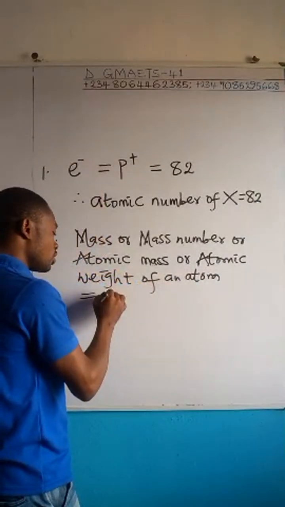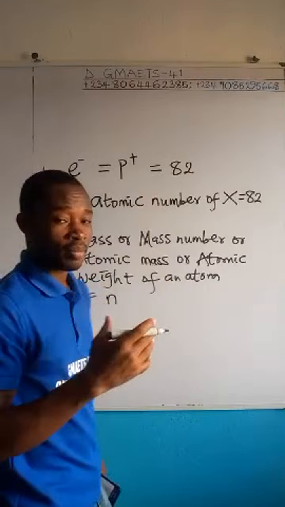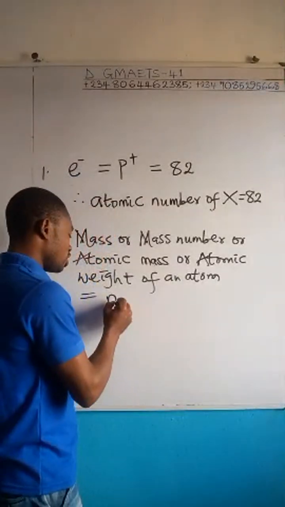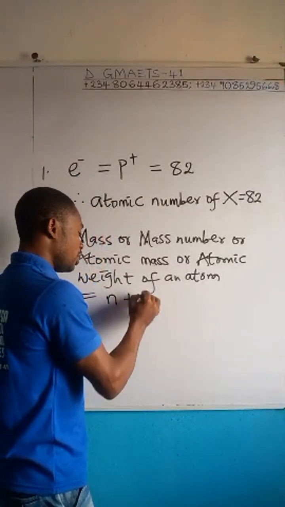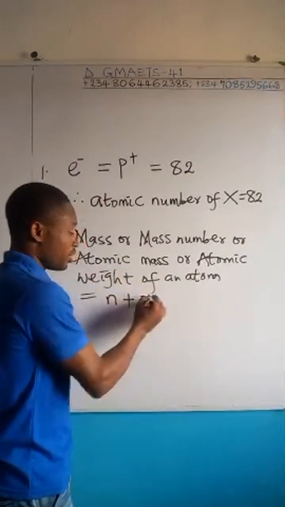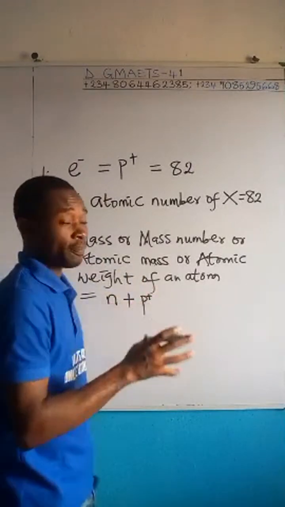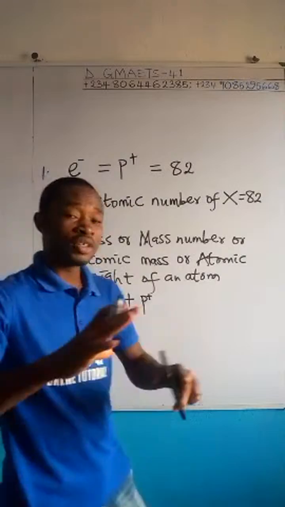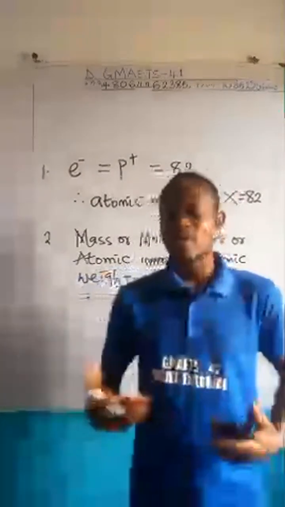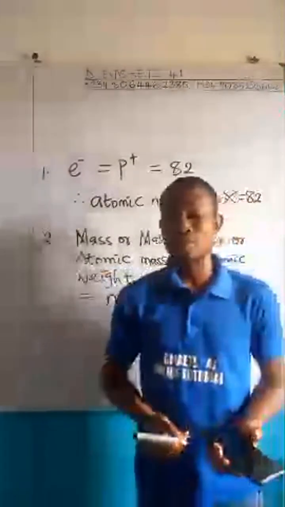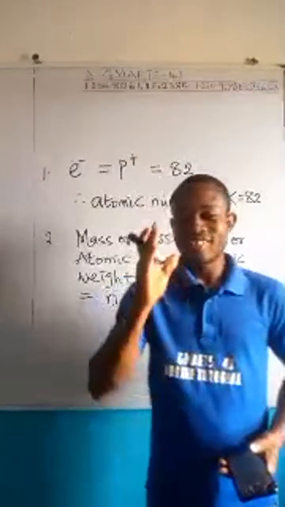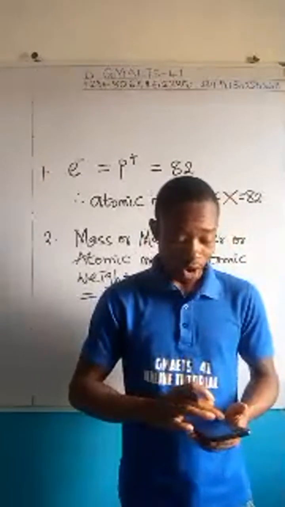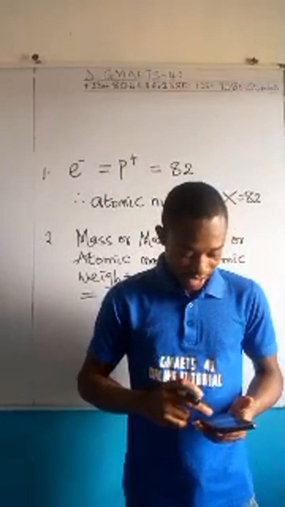Permit me to use small letter n for the number of neutrons. N has no charge, so I leave it that way, then plus p. That p is positive, so n plus p. So what we've established here is that if you want to get the mass number, the mass of any atom, all you are expected to do is just add the number of neutrons to the number of what? Protons. So that is it.